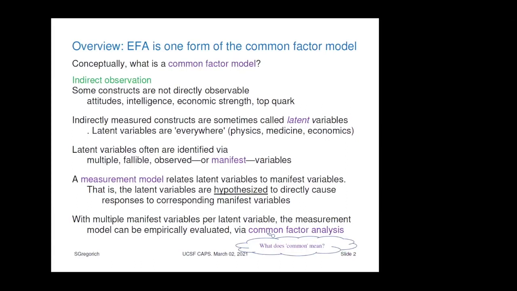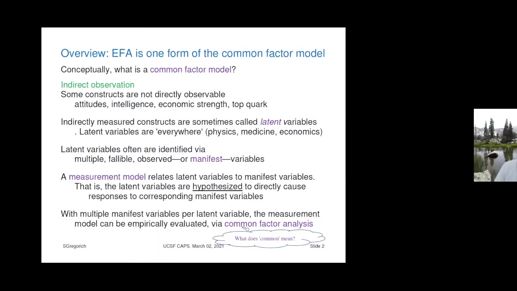So in any field of scientific inquiry, there's going to be some things that you're interested in measuring that are not directly observable. So in behavioral things, it could be private behaviors that aren't observed by anyone except the actor. But it could also be things that are inherently unobservable, like someone's personality or their intelligence.